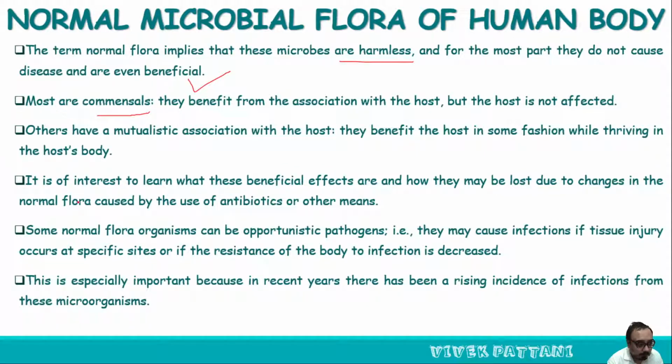Some normal flora can be opportunistic pathogens, that is, they may cause infections if tissue injury occurs at a site, or if the resistance of the body to infection is decreased. For example, E. coli is a normal flora of the human body which is found in the intestine.